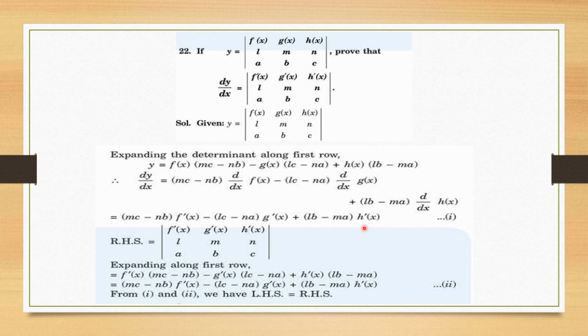This can be rewritten again as a determinant. If this was the value of y, you can get it back in the form of dy by dx, and you will just find a change in f dash x, g dash x, h dash x. When you expand it, you will get the same value as you obtained for question number 1.